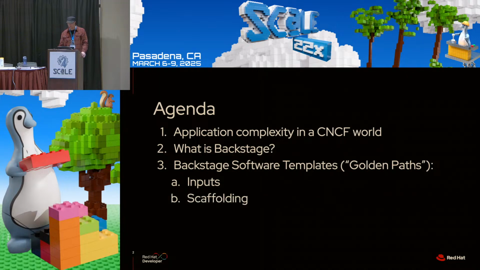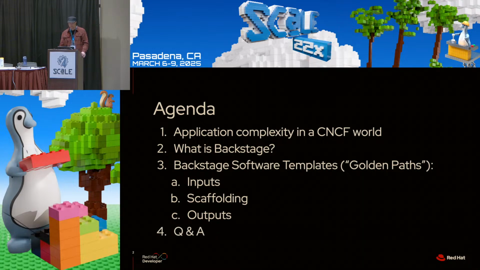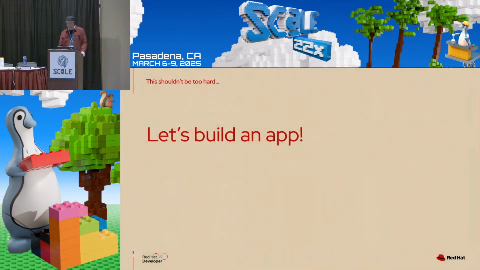There's a set of inputs that we're going to investigate, some scaffolding that'll happen, and then we'll look at some outputs. And then we'll see if we have time for Q&A. I'll try to do a demo of some scaffolding if the demo environment holds up. So let's see how lucky we are.